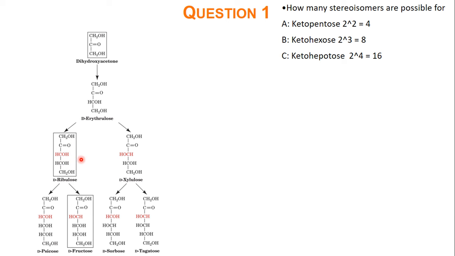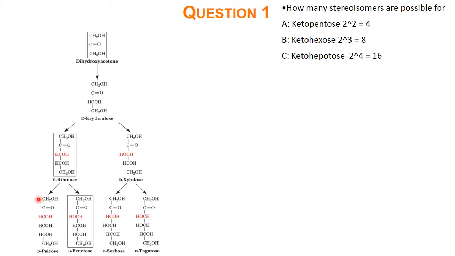The way you do this math is that at each chiral center you can be either L or D. There are 2 possibilities, so 2 possibilities raised to the power of 2 chiral centers equals 4 different stereoisomers.